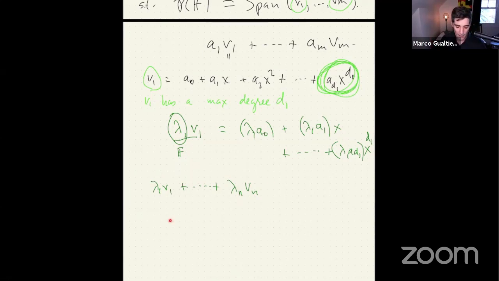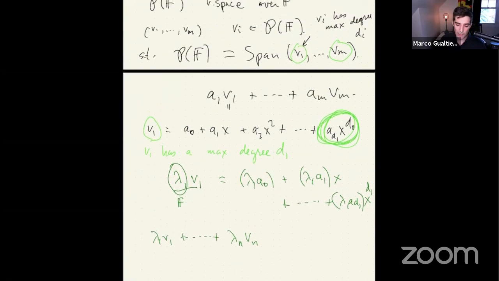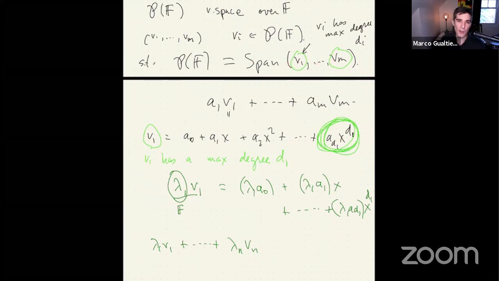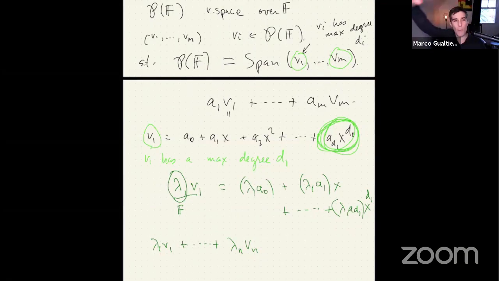There's no way to get a polynomial of degree bigger than all the Di's. So there's going to be plenty of polynomials of very high degree which are not in the span of this finite list. You're going to fail to capture all polynomials with a finite list.